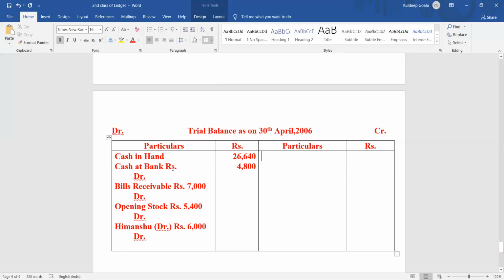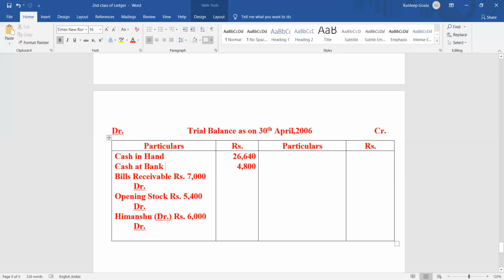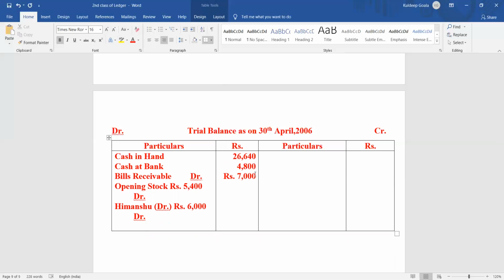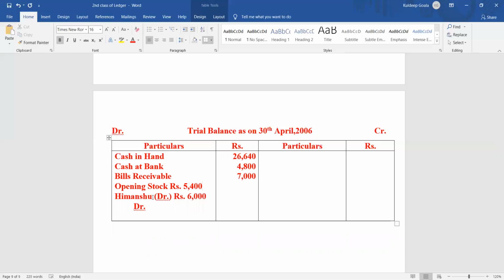So after that, one by one all the items you can post here. Since it is a copy paste, it is taking a little time. 5,400.